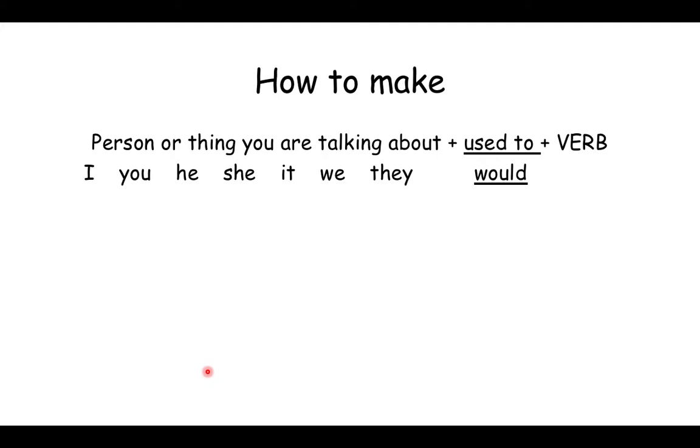So all we need to do is have the person or thing you are talking about. So we use I or you or he, she or it, we or they. And you put it next to used to or would, so it can be one of the two, and then you put the verb. You don't need to change the verb or anything, it's just the simple present form of a verb.